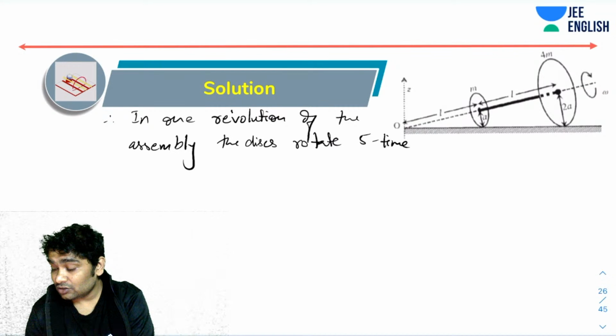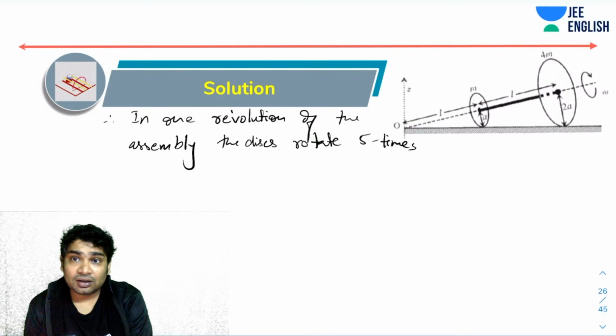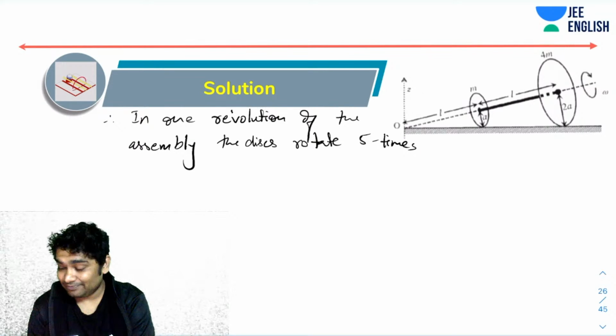So if the time period of rotation of the disk is t, then the total time taken for one revolution is 5 times t, right?